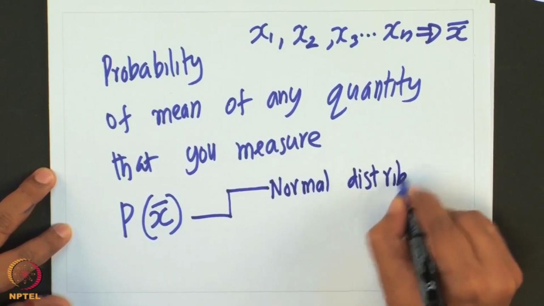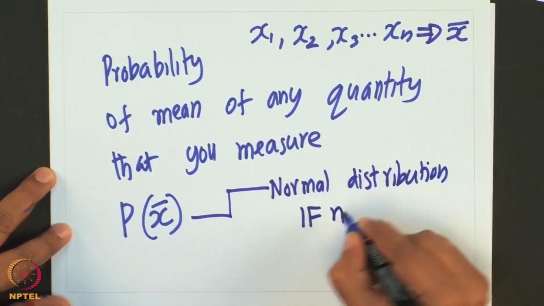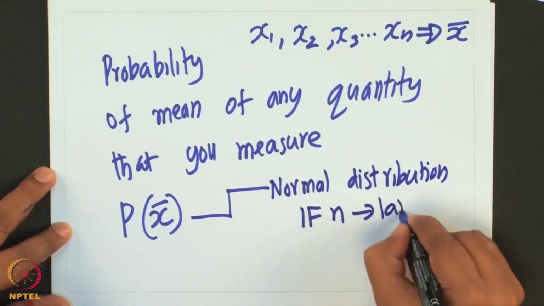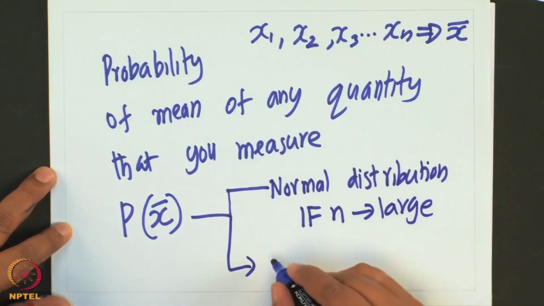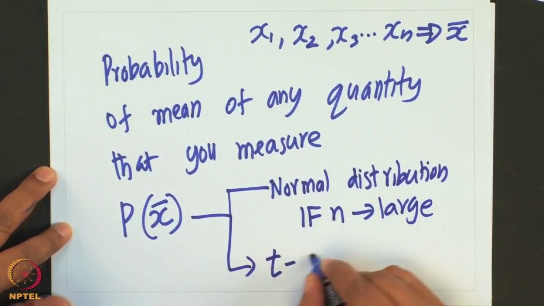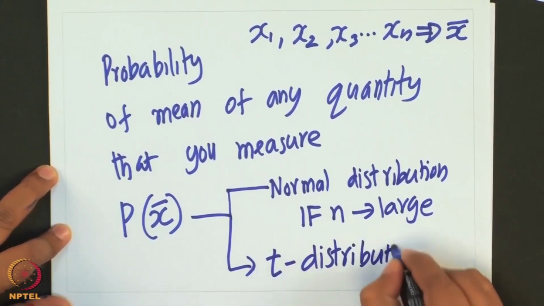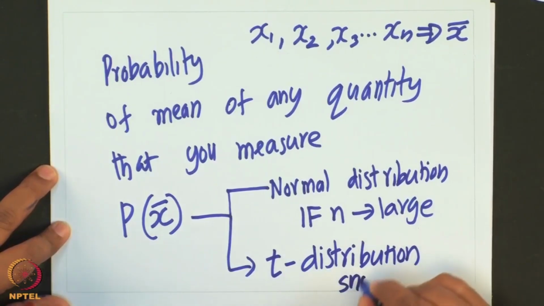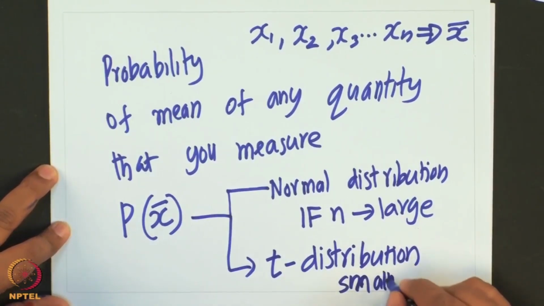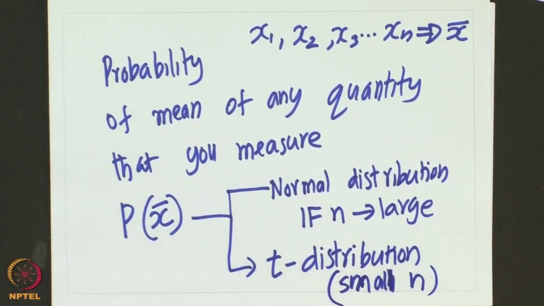The assumption is that n is very large. If n is very large, you would get a normal distribution. If n is not very large, you will get something called a t distribution, which looks like a normal distribution but is slightly different. For small n, you would get a t distribution. For large n, you would get a normal distribution.